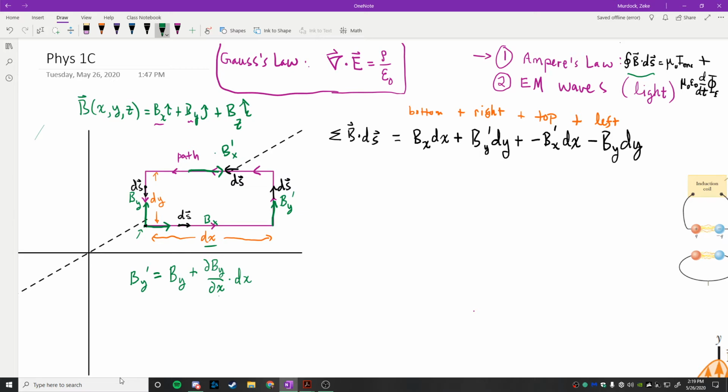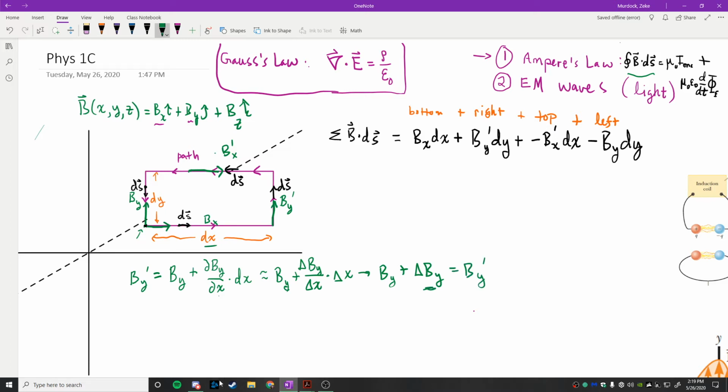If this is too hard to understand, it's equivalent to saying By plus delta By over delta x times delta x. And that basically simplifies down to By plus delta By, right? That's literally all we're doing, and saying that that's equal to By prime.